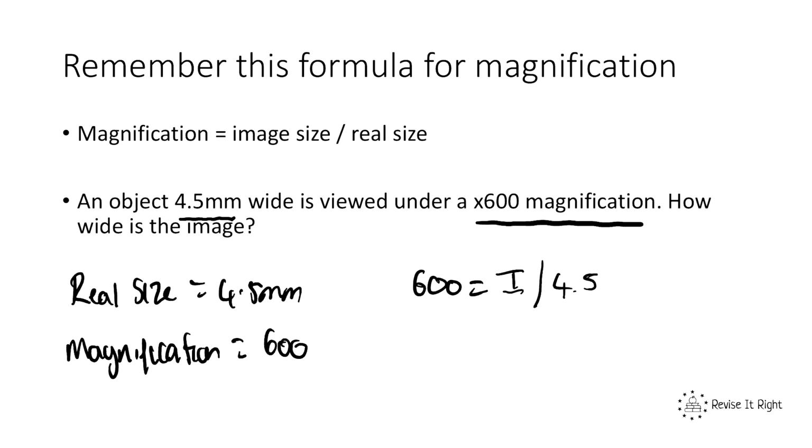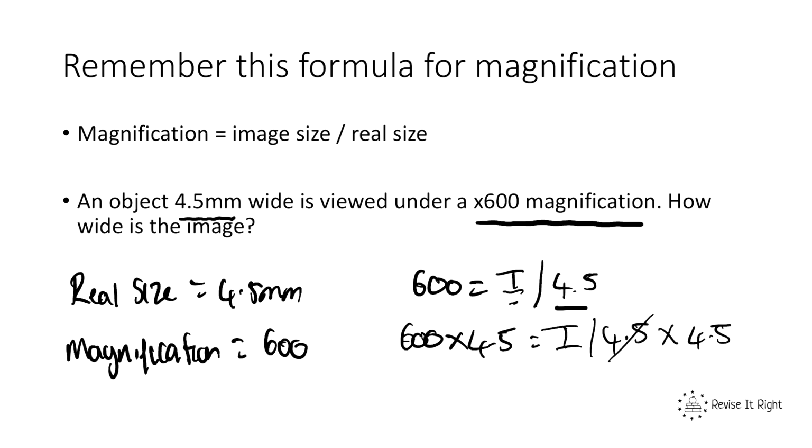Then I need to rearrange that equation to get I on its own. So to get I on its own here, we need to get rid of this divide by 4.5. We can do that by timesing both sides by 4.5. So we get 600 times 4.5 equals I divided by 4.5 times 4.5, so they cancel each other out.